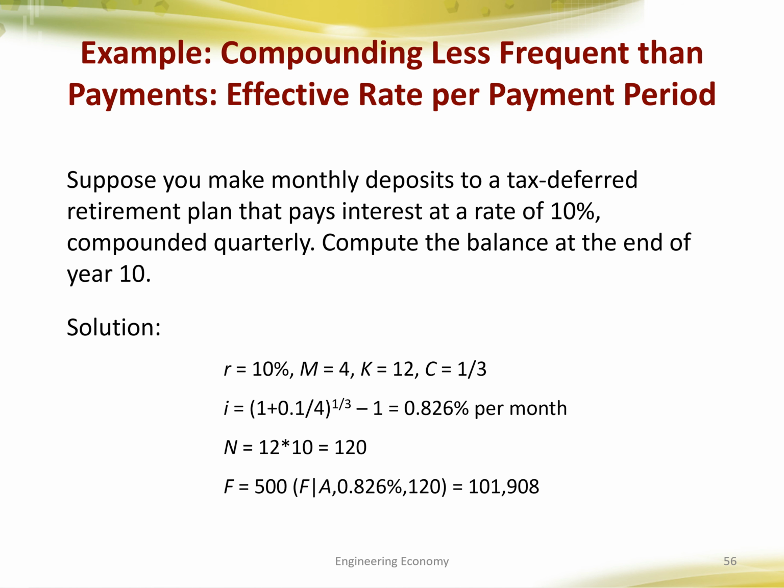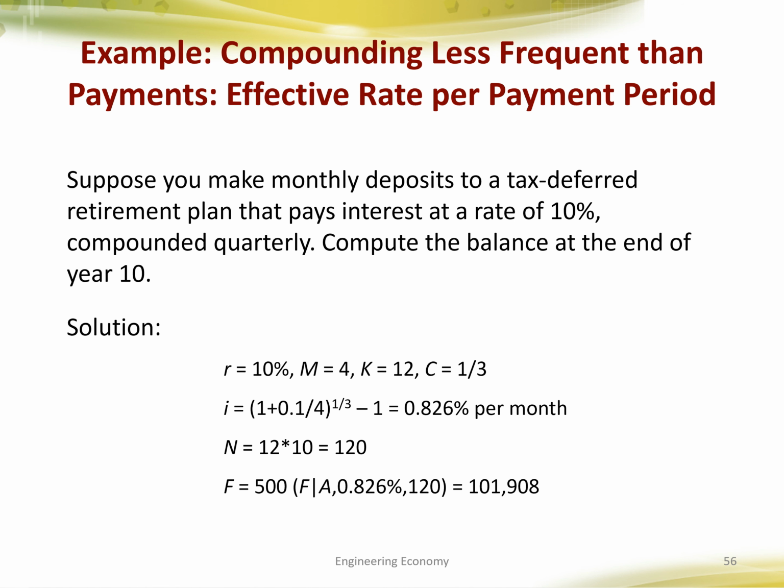Here, since the compounding period is longer, C equals a value that is smaller than 1. But it's just a number. We can still take the number and plug it into this formula, and we can compute that the interest rate will be 0.826% per month.